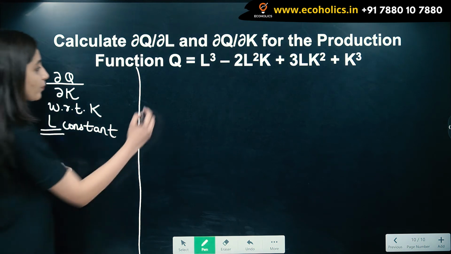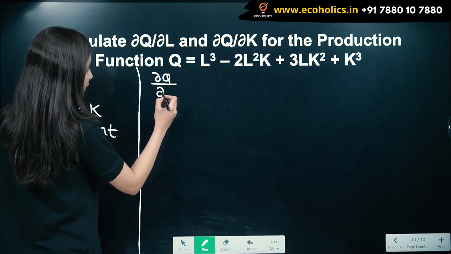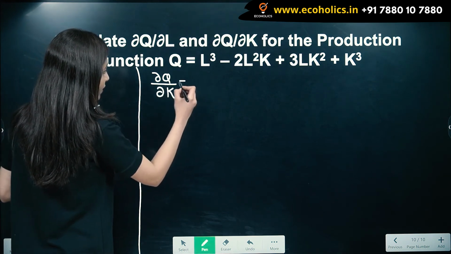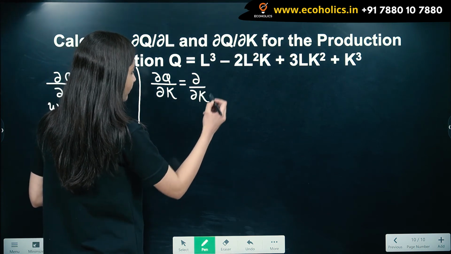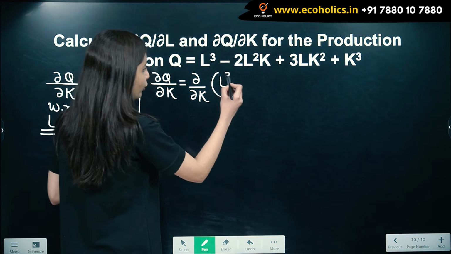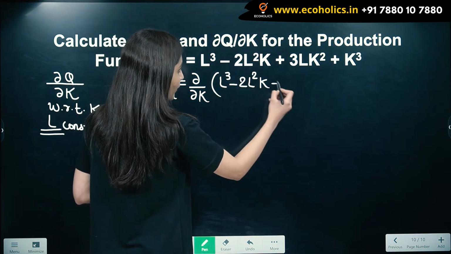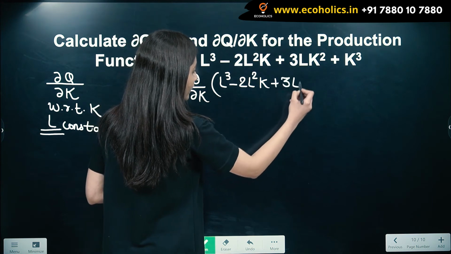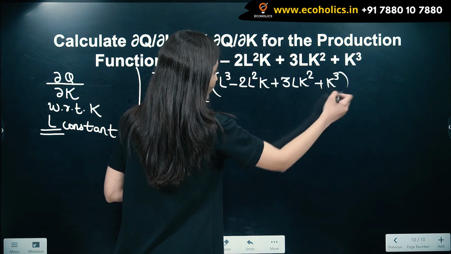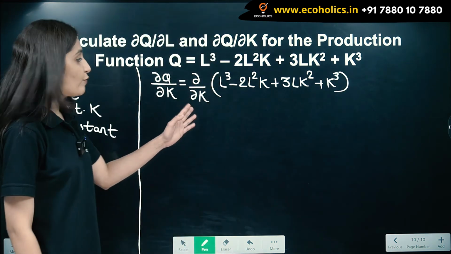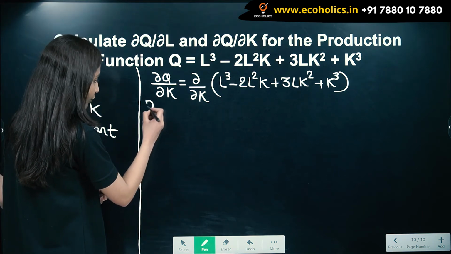So now ∂Q/∂k is equal to L cube minus 2L square k plus 3Lk square plus k cube. We are going to differentiate each term individually with respect to k now.